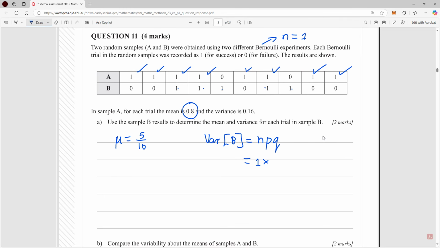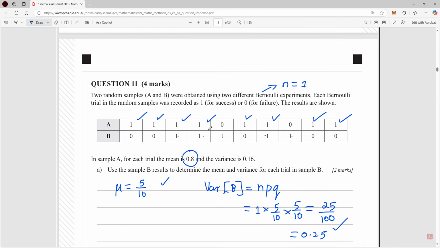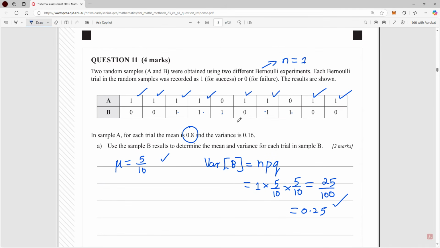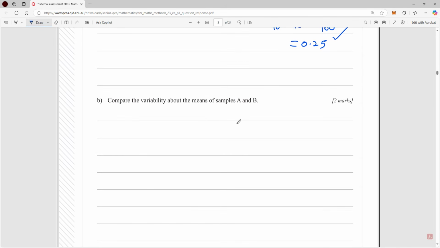We had 5 that were successful, so it's 5 over 10. The probability of failure is the complement, which is also 5 over 10. Multiplying those gives 25 over 100, which is 0.25. So that's the variance, and that's how you answer part A. Again, a little bit confusing, but overall not too bad. Let's head down to the next one.